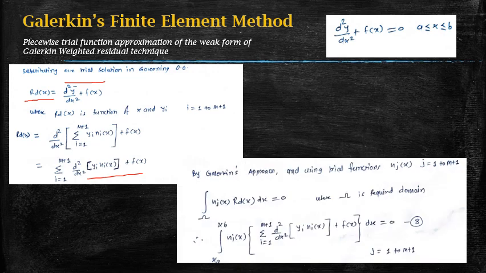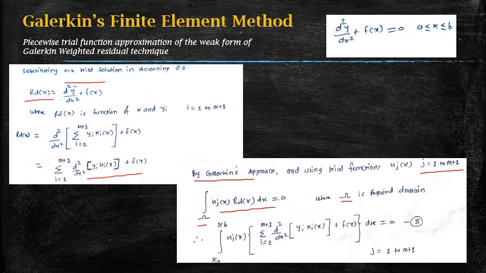Here I have used Galerkin's approach. Using Galerkin's approach and using the trial function nj of x, where j varies from 1 to m plus 1, we can write the integration over the domain of nj of x into Rd of x dx is equal to 0. We have seen earlier how to apply Galerkin's technique, where this omega symbol represents the entire domain.